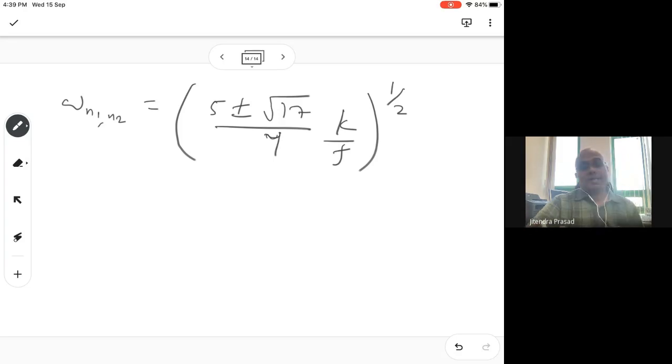Since there are two disks here, with a connection via a shaft and another shaft here, the vibration could be of two types. One disk goes anti-clockwise and the other disk goes clockwise. So this is a normal mode.